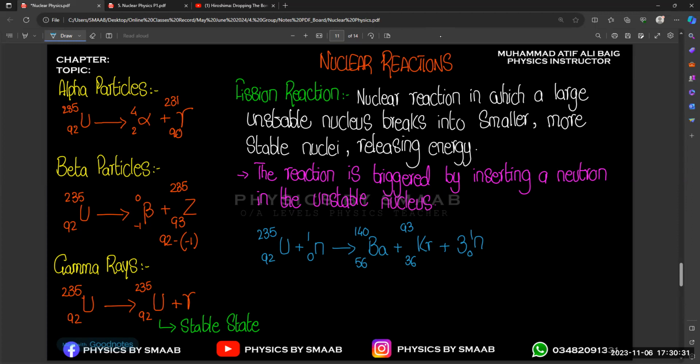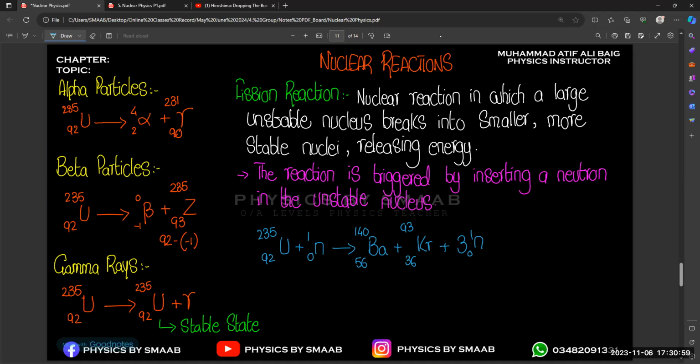And then when these three neutrons further strike the nuclei of the krypton and barium elements, they will further split into three, three, three, nine neutrons, right? And then again those nine neutrons will further split into three into three into three elements. So you can see that this will continue like a chain reaction. It will be like 3 to the power of 3. 3 threes are 9, then 9 into 9 is 81.